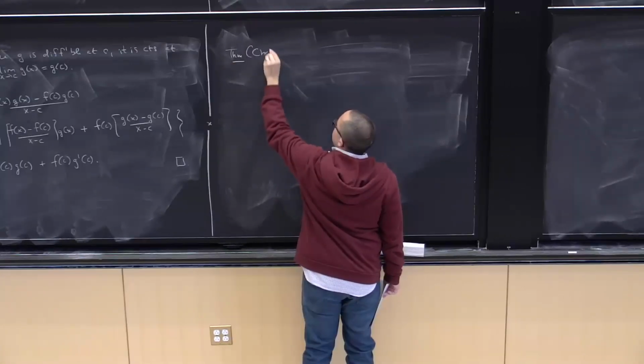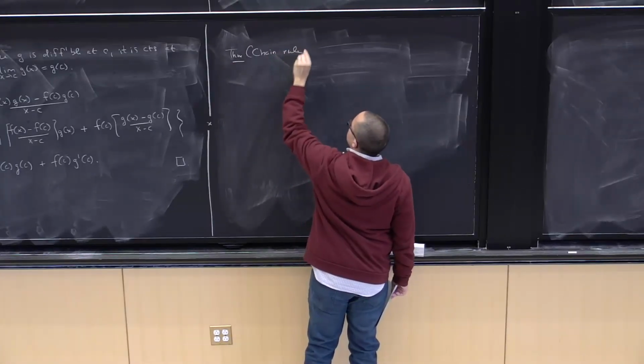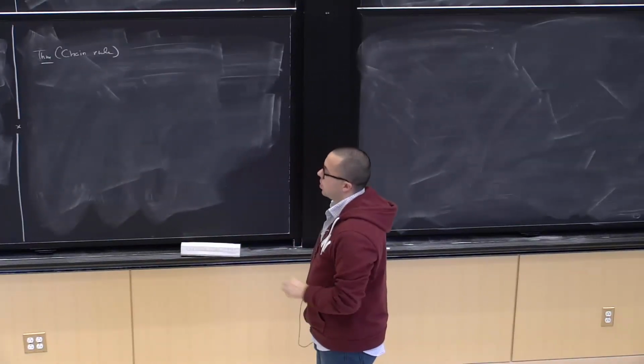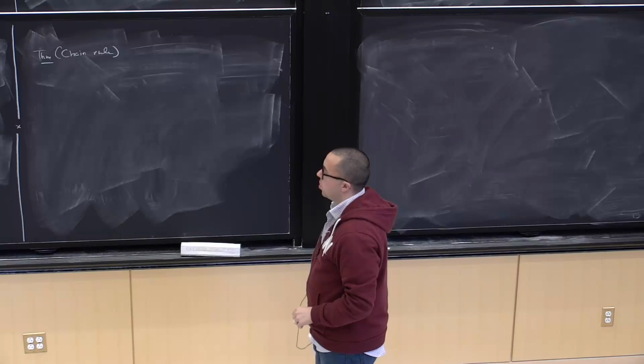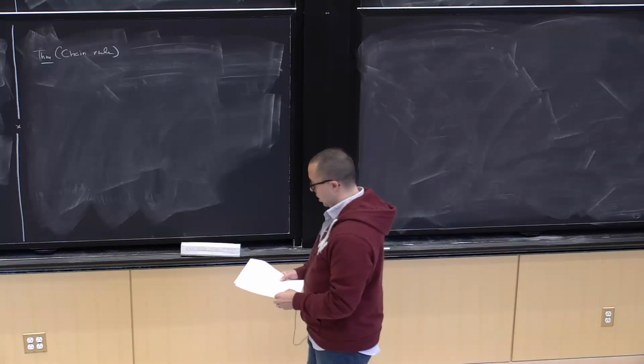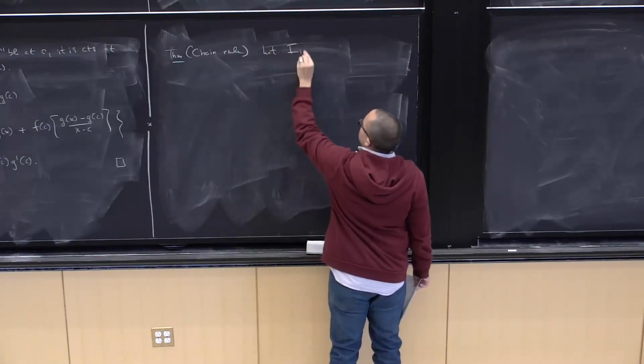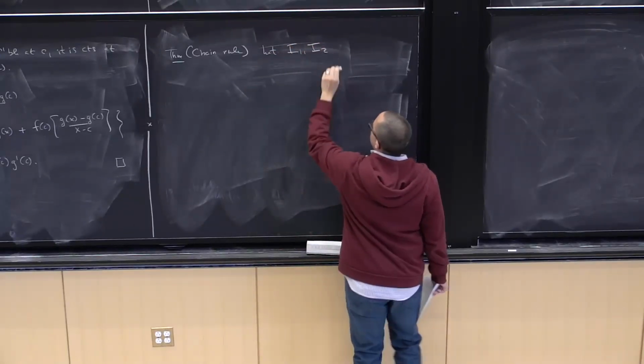But we also have the chain rule, which requires a little more care to prove than what we've done so far for these rules. So suppose I have two intervals.